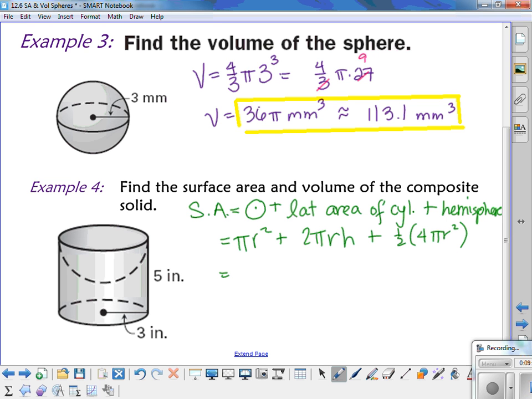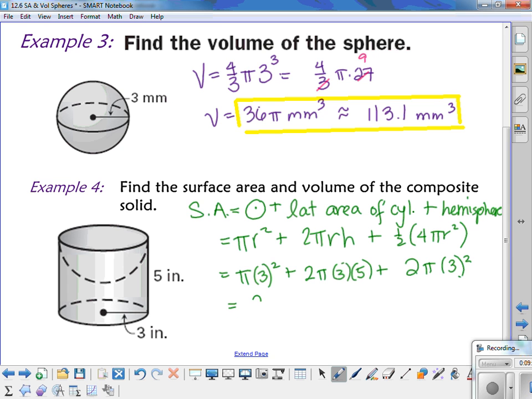So plugging in the given information, my radius is 3, so pi times 3 squared plus 2 pi times 3 times my height of 5 plus half of 4 pi times 3 squared. Actually, I'm going to go ahead and take my half of 4, which is 2. So 2 pi times 3 squared.